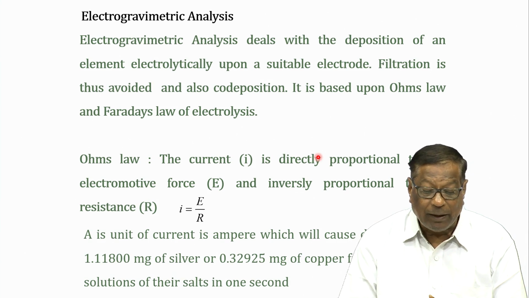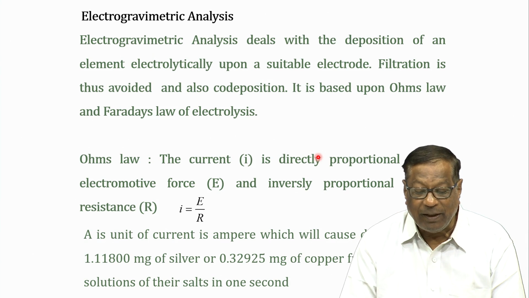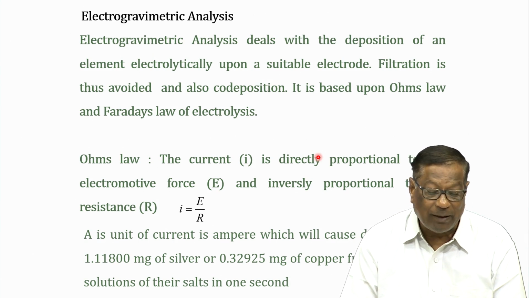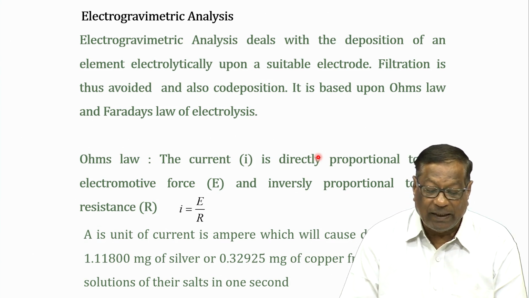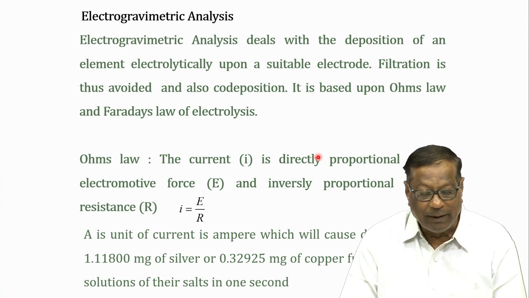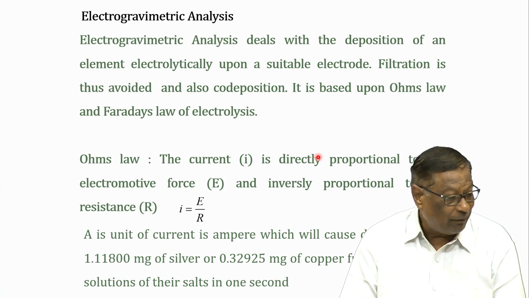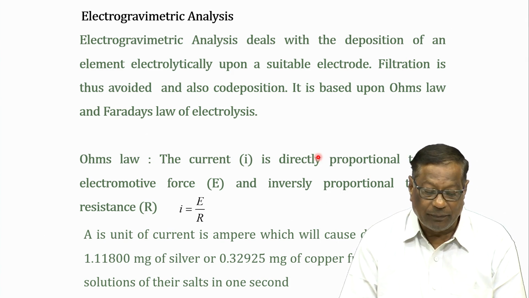Now, in electrogravimetric analysis, what we are dealing with is the deposition of an element electrolytically on a suitable electrode. So, we are practically avoiding most of the filtration, and also co-deposition.